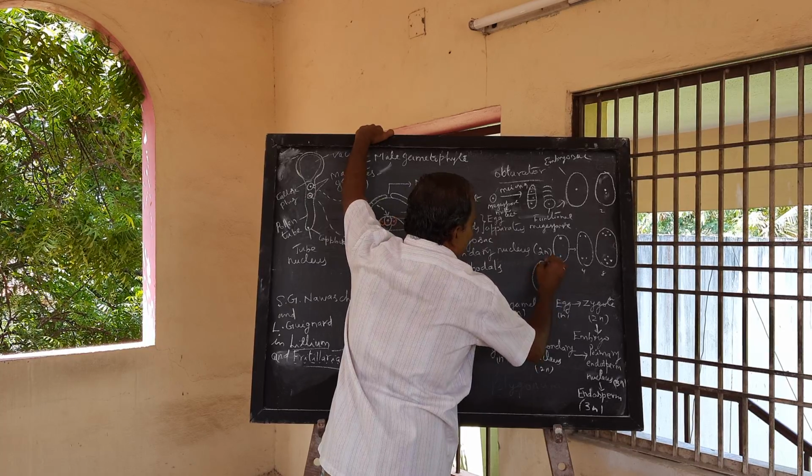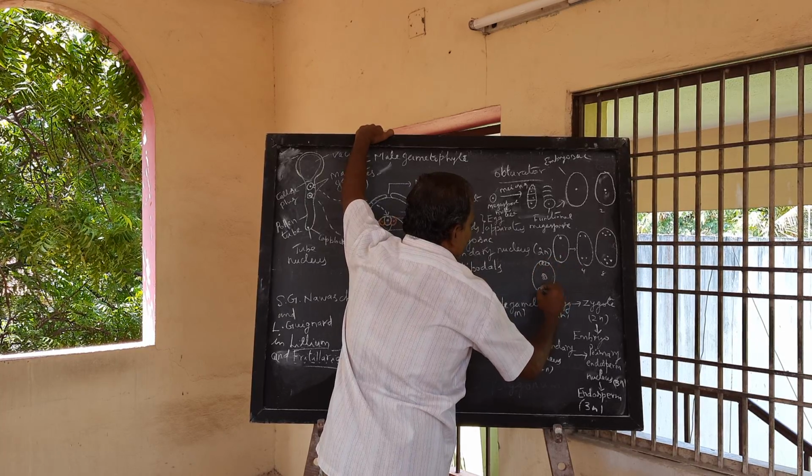Three form the egg apparatus, and the three opposite form the antipodals.